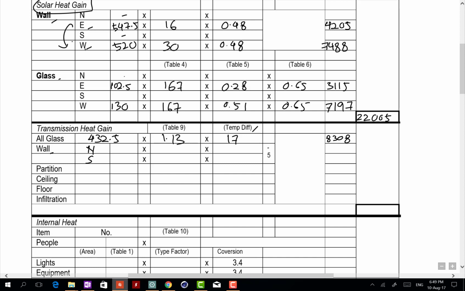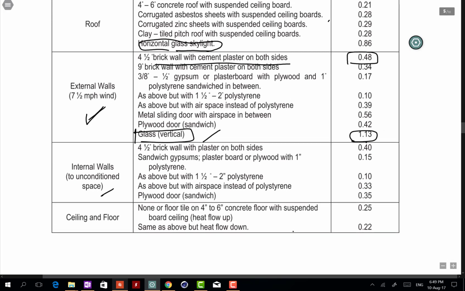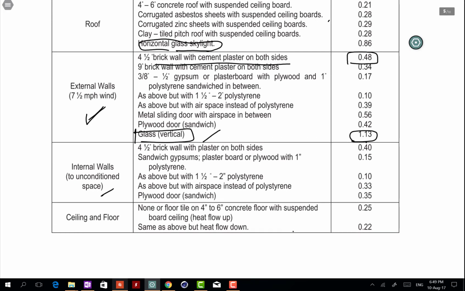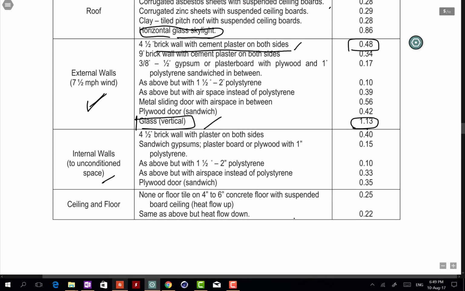Okay, so for the north wall direction, we already calculated it is 450 square feet, and then for south direction is 650 square feet, and then we multiply with table 9. Okay, now we check again table 9. This is also external wall. Okay, external wall, so the value should be 0.48 also, because this is the brick wall with cement plaster on both sides.